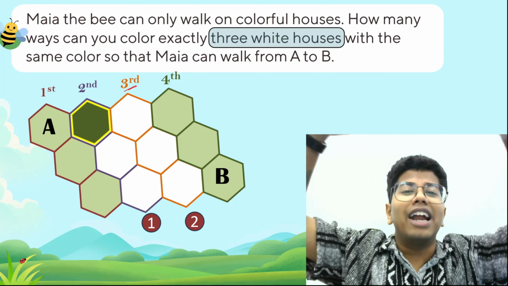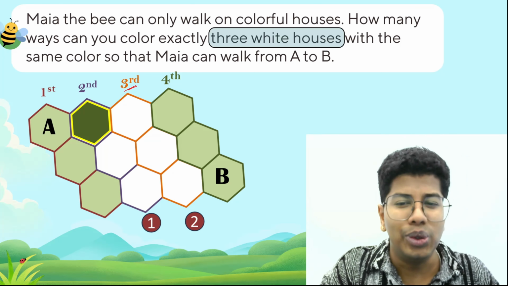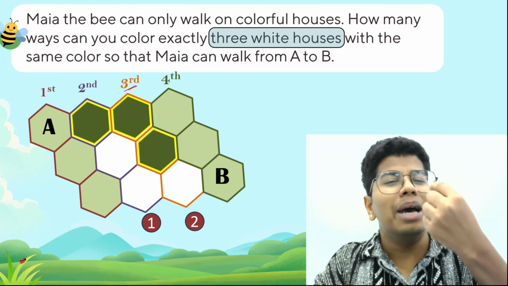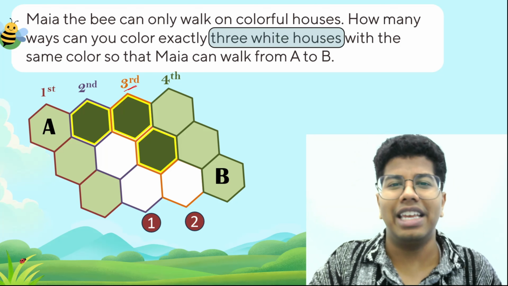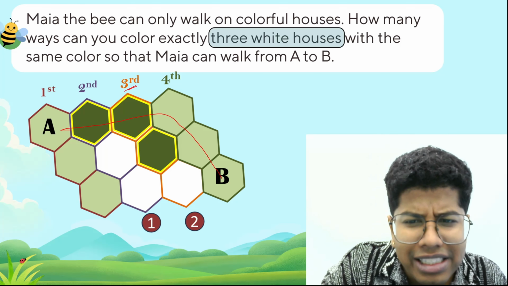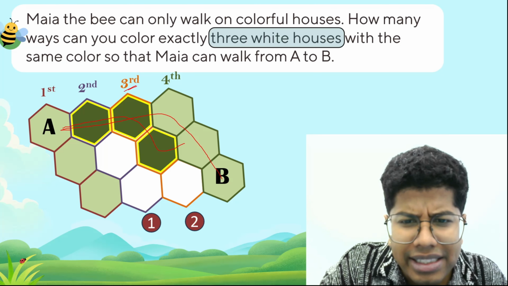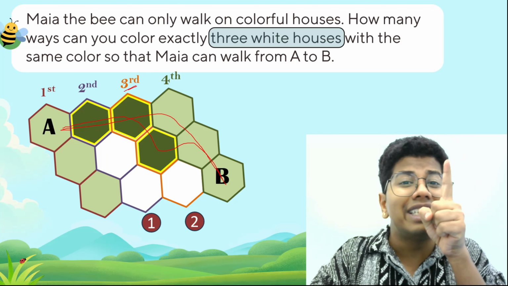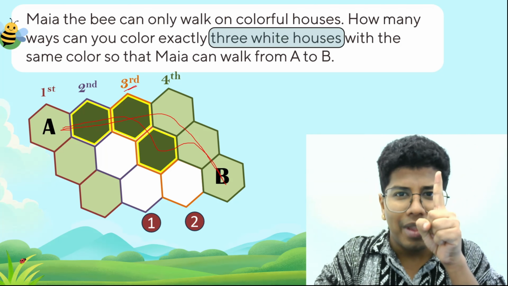Again, we'll start off from the top. So, the 2 that I'll choose are this one and this one. Now, let's just see, can the bee walk if we use this condition? Oh, it can still walk. And it can still walk. So no matter which one we choose, it can still walk. So this is just the first way.